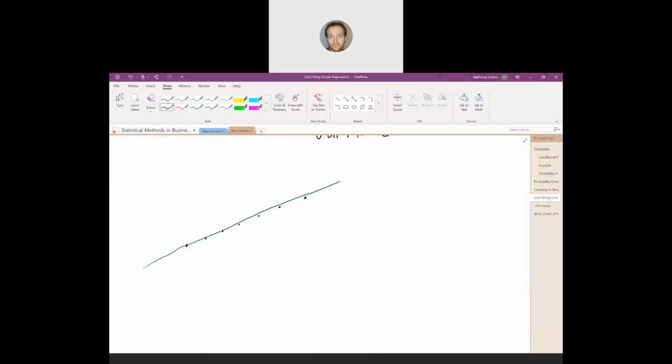Now, imagine that I add a point here. Now, this line becomes really bad for that point. That's a big error. It's a small error for all of the other points, but here, that's a big error.